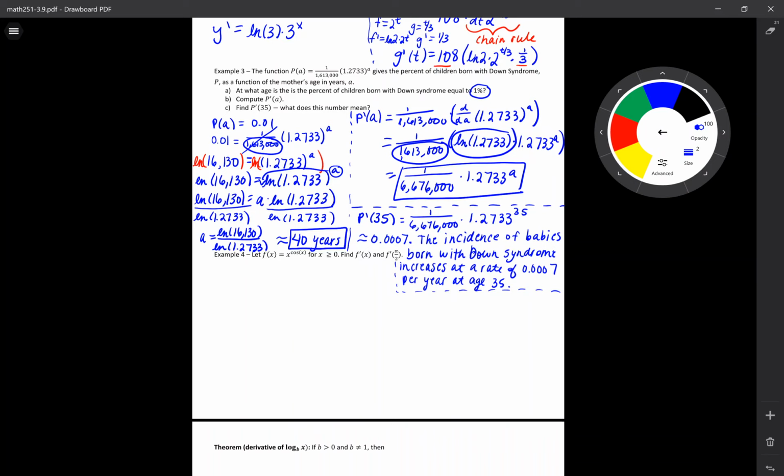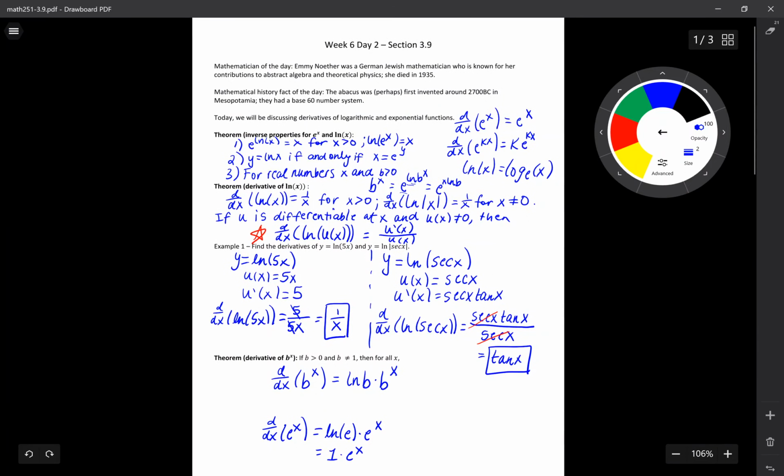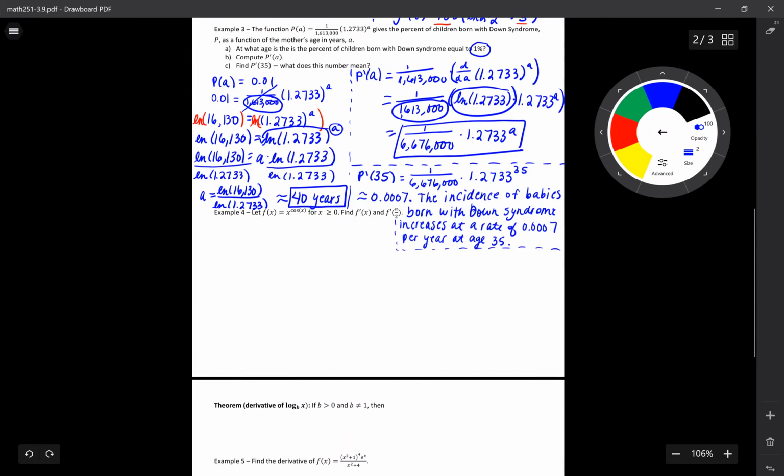All right, so we are going to use one of our rules here. If we go back up to this expression right here, I'm going to use this guy. So f of x is equal to x to the power of cosine x.